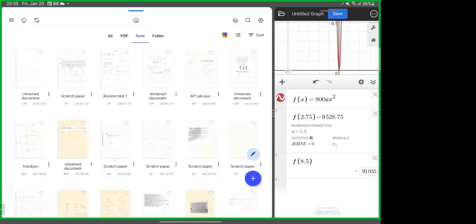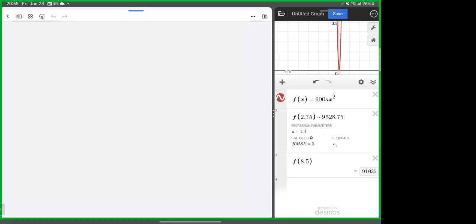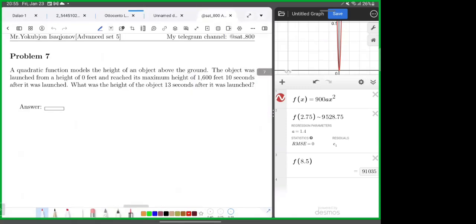So here, you are given a model of the height, with x and y. x is time, and y is height. The dimensions are feet and seconds.